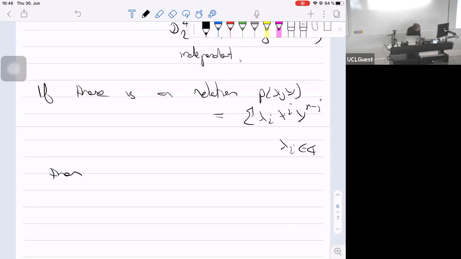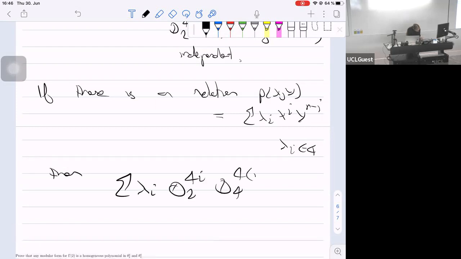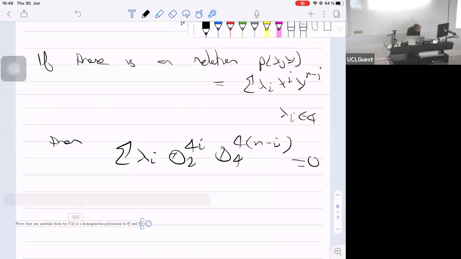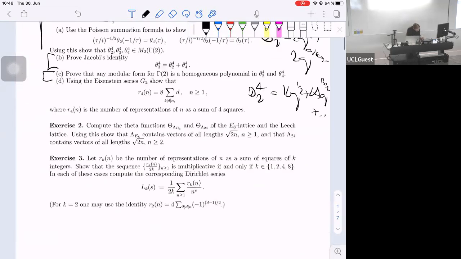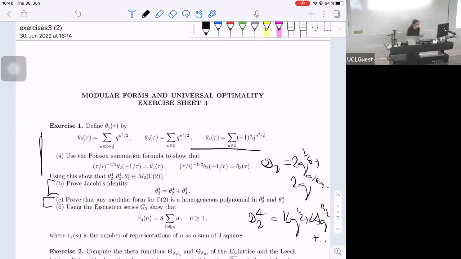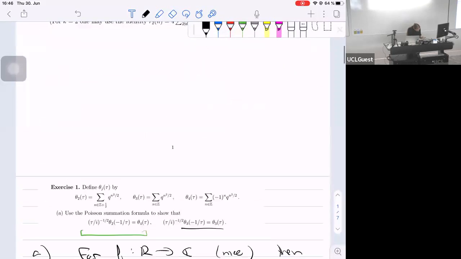Then we would have an identity of the form, some complex coefficients times theta 2 to the 4i, theta 4 to the 4 times n minus i, equal to 0. And since we know that theta 4 is not identically 0, you can just write down from the definition what the q expansion is and see it's not identically 0.